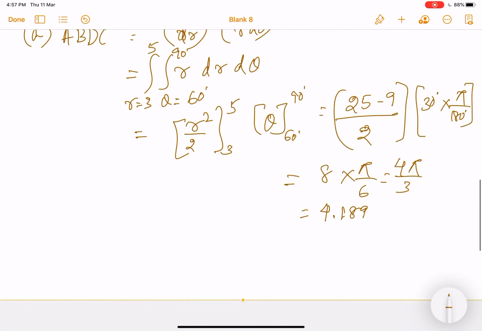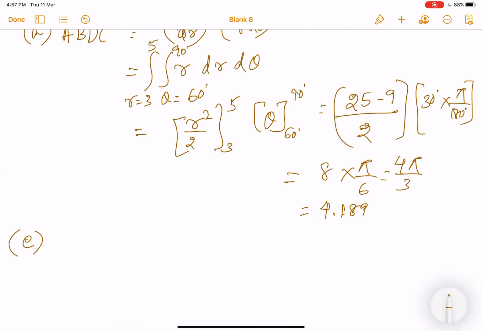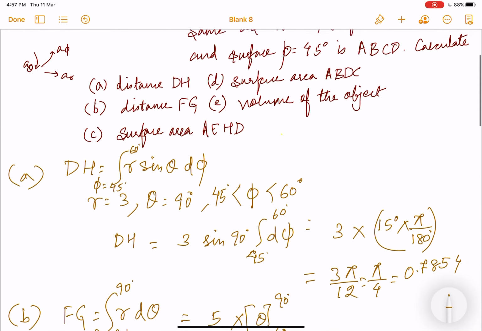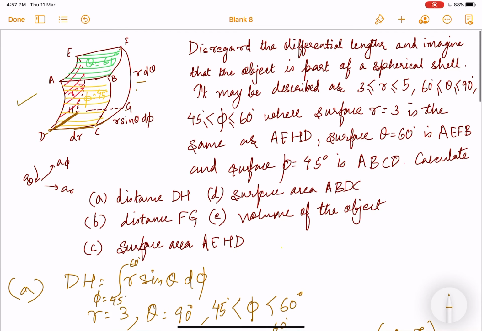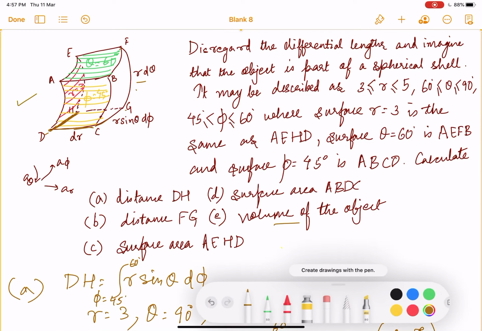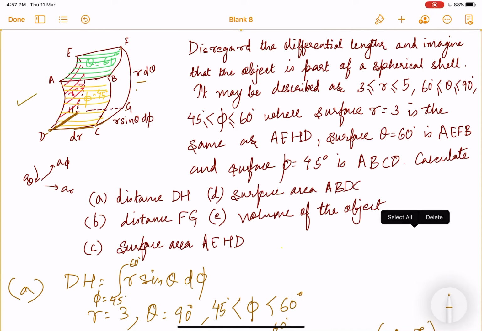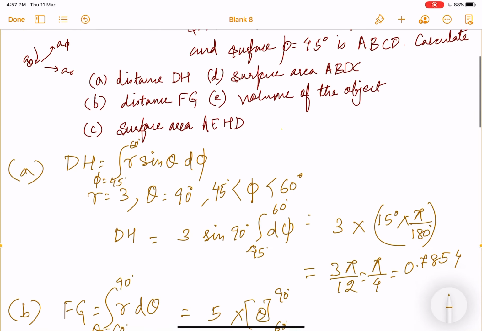Then next bit, what does the next question say? The next question says take out the volume of the object. To take out the volume of the object we just have to multiply this and this, that is length, breadth and height, as we all know. So it will be r squared sine theta dr d theta d phi.